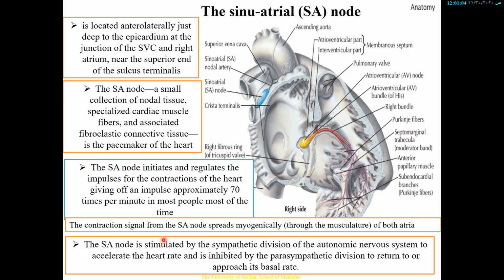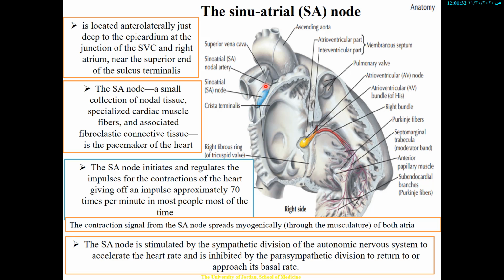In this slide I need you to focus on the location of the SA node. It is located anterolaterally, just deep to the epicardium at the junction of the superior vena cava and the right atrium, near the superior end of the sulcus terminalis.